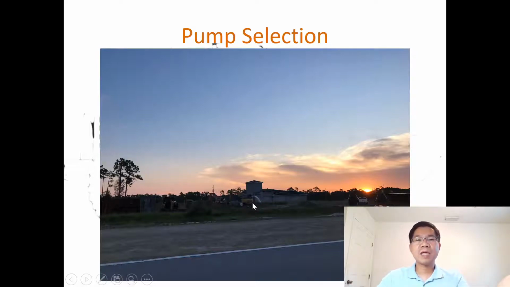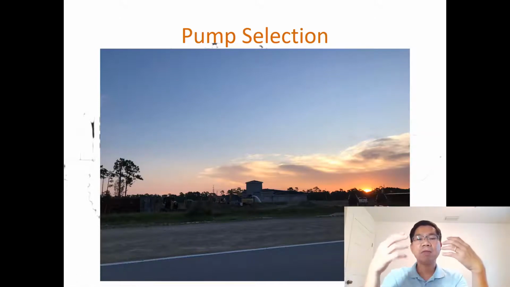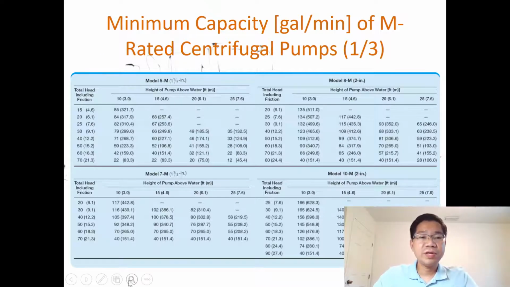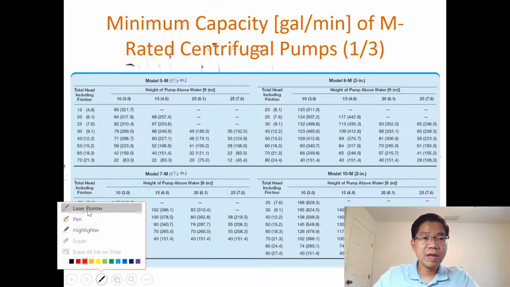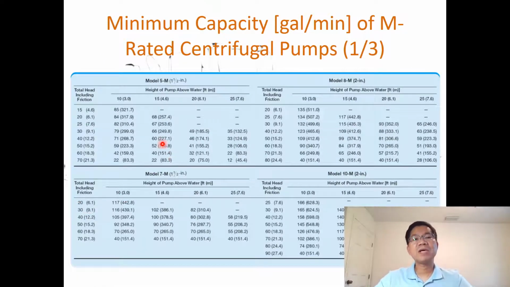In that case we also need to select the pump, given the multiple variables that I just mentioned earlier. So here for this table and the next slide, also the same table 9.9, that determines the model for the rated pump.